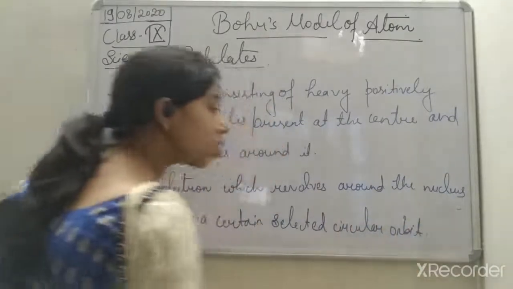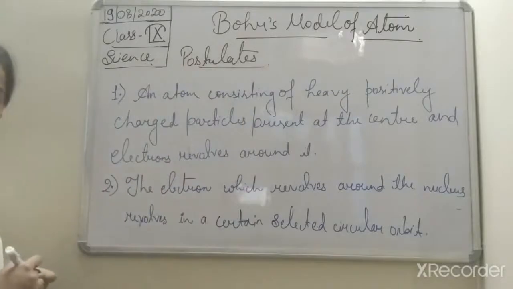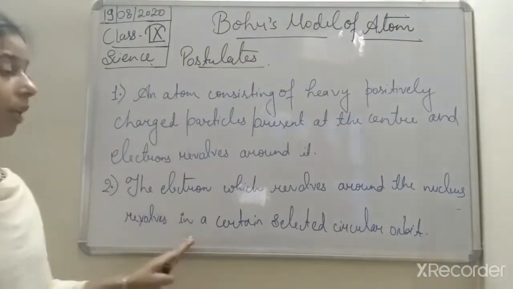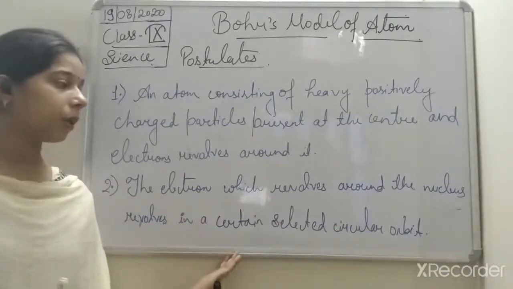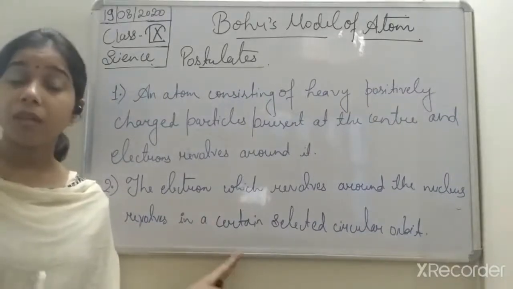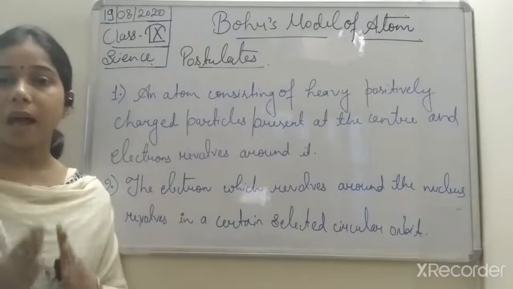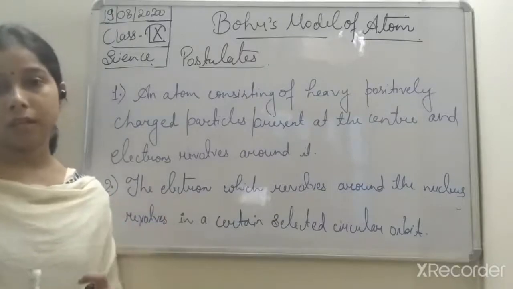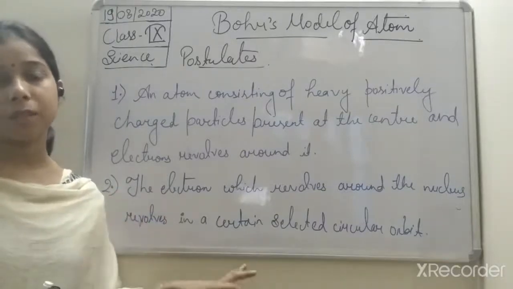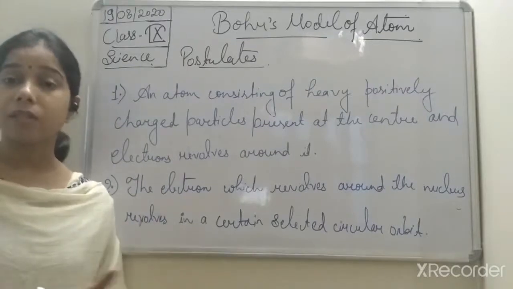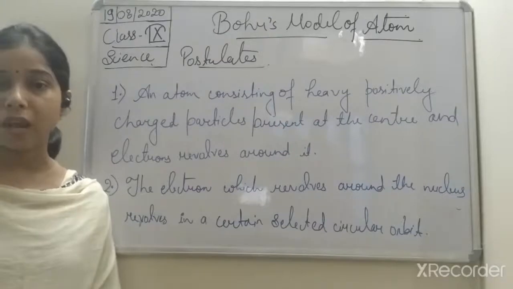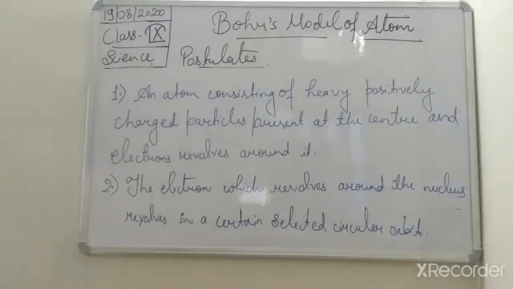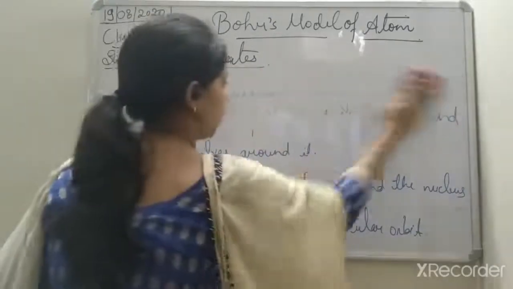So a fixed circular orbit is there where the electrons revolve. Now, what is the speciality of this orbit, students? This orbit has energy in it. A fixed energy is present in this orbit, and that is why these orbits are also known as energy shells or energy levels.